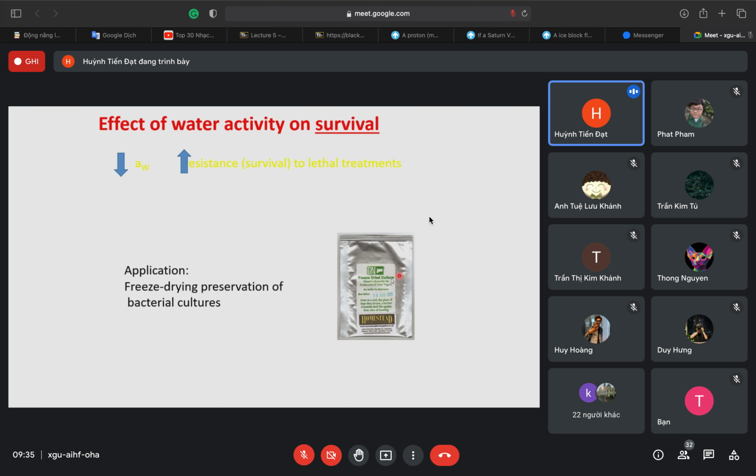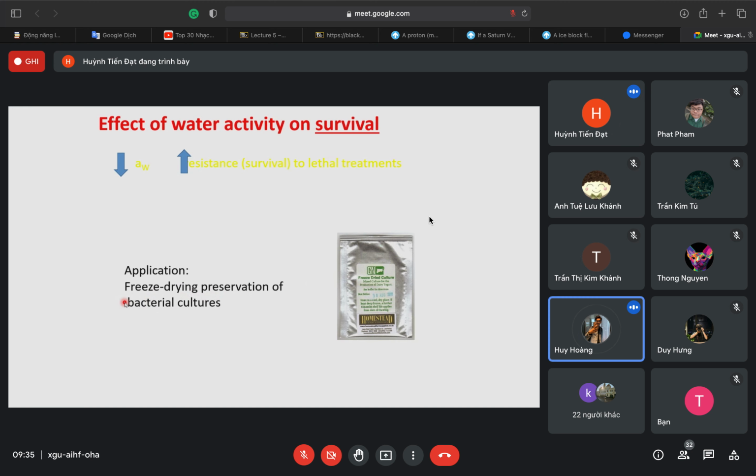So we can apply this for freeze-drying culture. Most likely when you receive a culture in powder form, it was already prepared by freeze-drying. So does freeze-drying make the product low water activity or high water activity? What do you think, low or high?